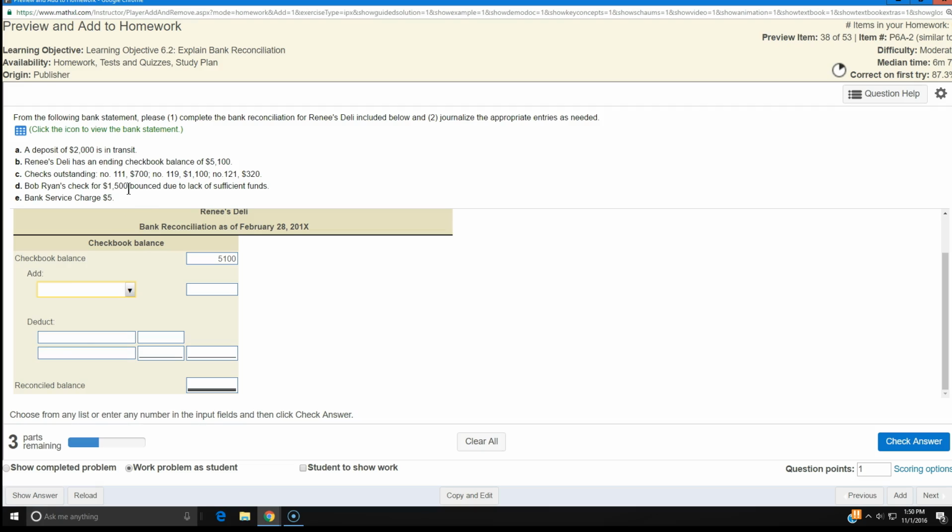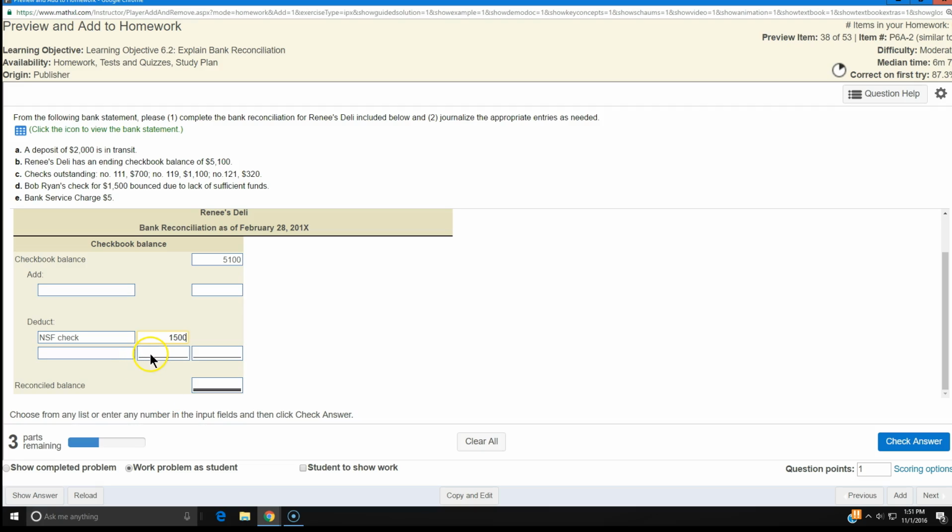They subtracted the $1,500 from our account. NSF stands for non-sufficient funds, so given that the bank has subtracted the $1,500 from their balance, we have to do the same thing. So we have to subtract that $1,500.